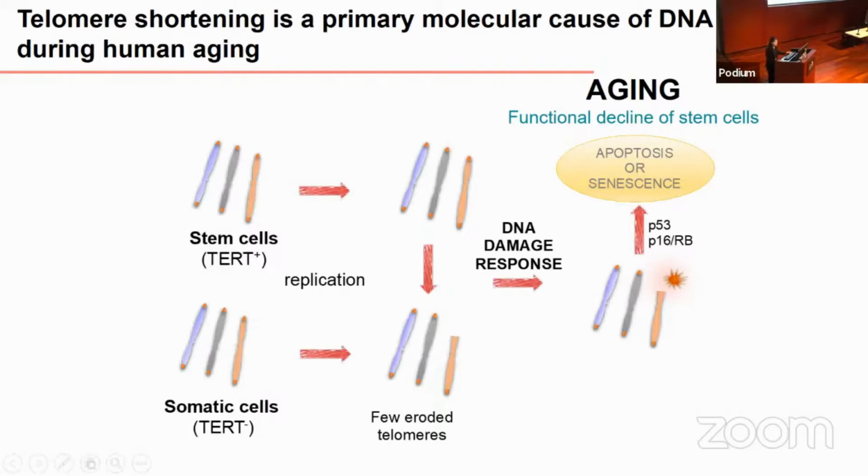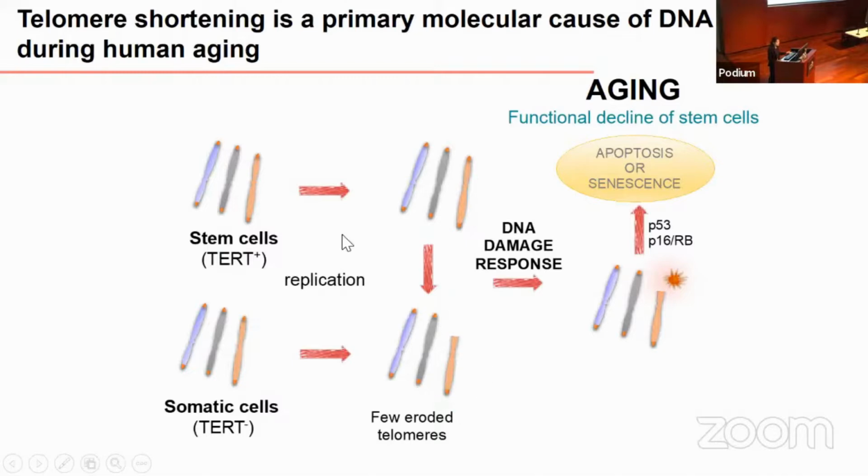On the contrary, somatic cells do not express telomerase. They undergo multiple rounds of replication. Their telomeres get shorter very fast, and at some point they become too short, so the cell can no longer replicate and eventually becomes senescent.